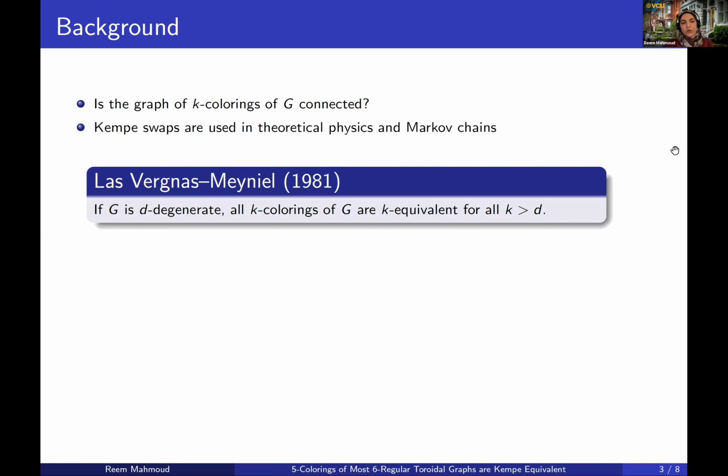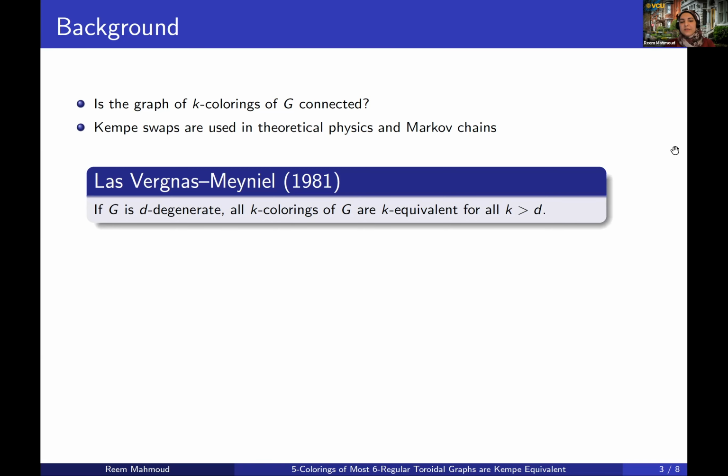In 1981, Las Vergnas and Meyniel showed that if G is d-degenerate, then all k-colorings of G are k-equivalent for k strictly greater than d. D-degenerate just means that there's an ordering of the vertices where every vertex has at most d neighbors coming earlier in the ordering.